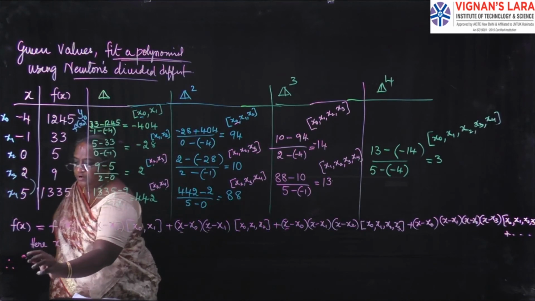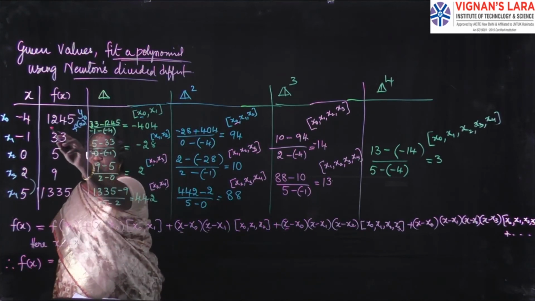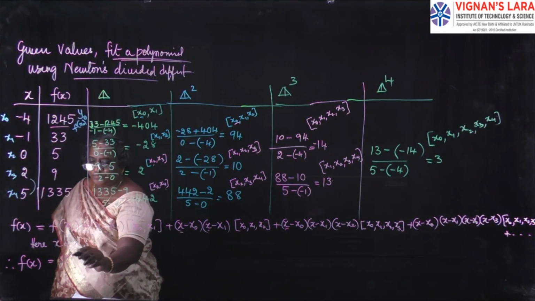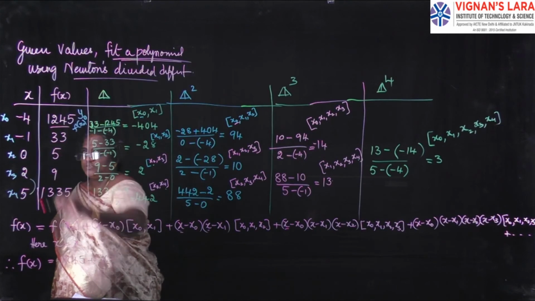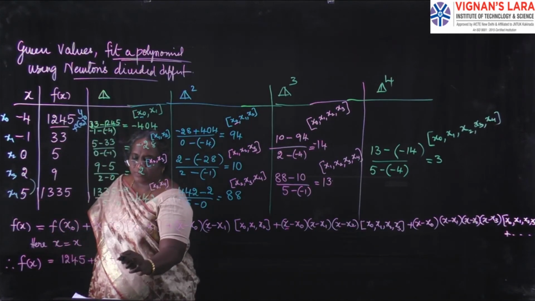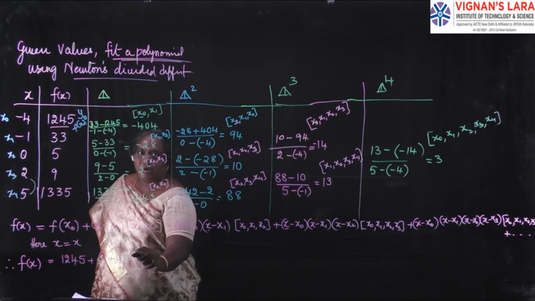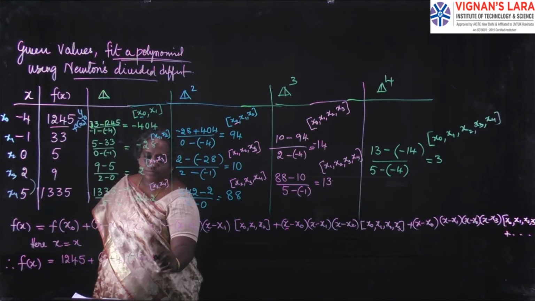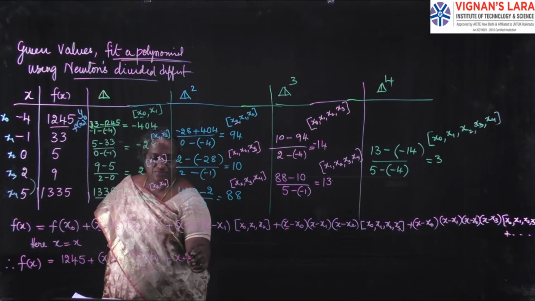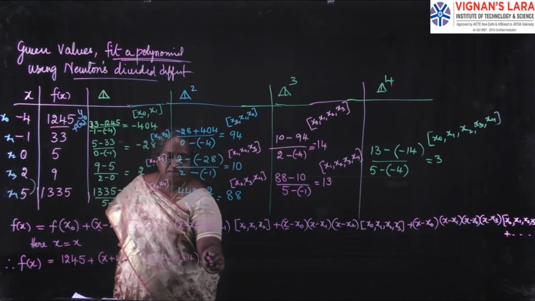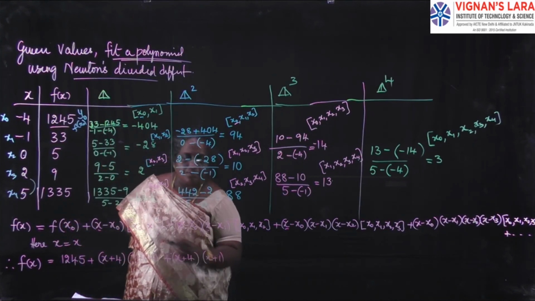Therefore the polynomial f of x is equal to, what is f of x naught? 1245, plus x minus x naught. x naught is minus 4, so that becomes plus 4. First divided difference is minus 404, plus x minus x naught is x plus 4. x minus x1 is x plus 1.